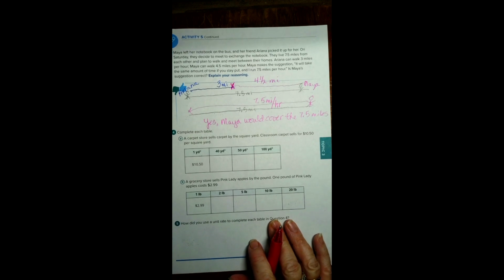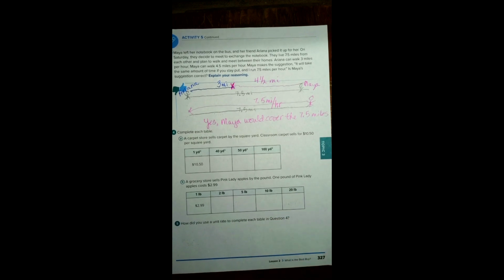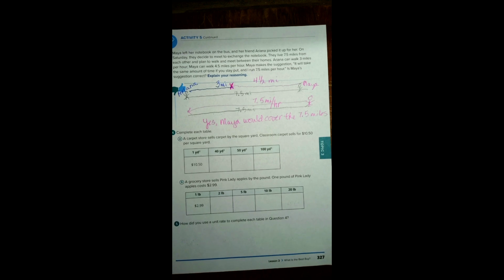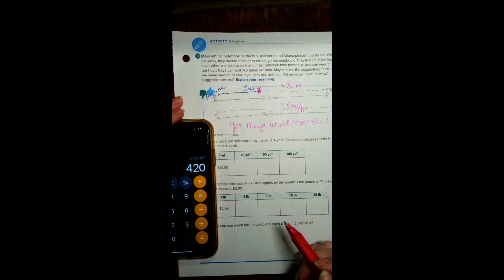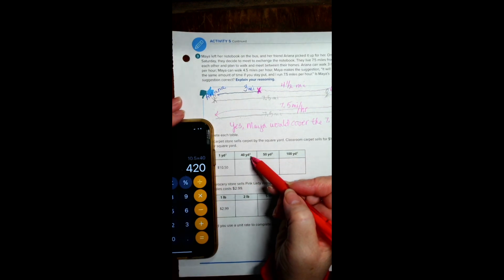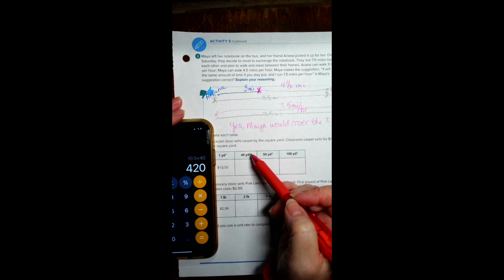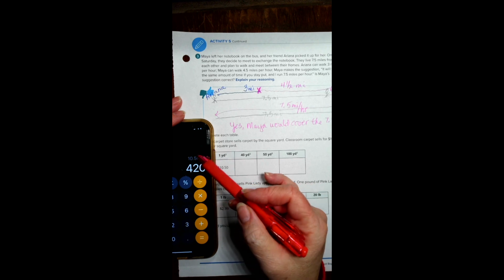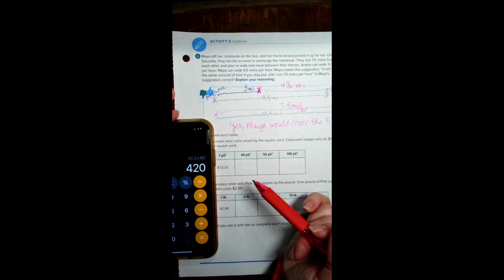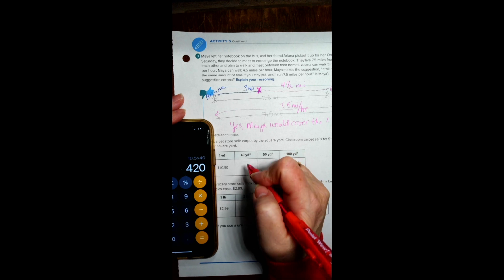Okay, pause if you need to. A carpet store sells carpet by the square yard. Classroom carpet sells for $10.50 per square yard. So it looks like they want us to figure out what it would be for each of these additional square yards. I want you to pause and give that a try and then come back. Okay, so all we're doing here, and I've done the first part already, is if 1 square yard is $10.50, then 40 square yards is $10.50 times 40, and that's going to be $420.